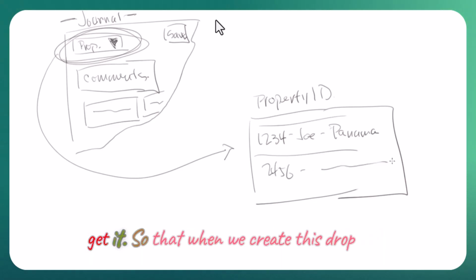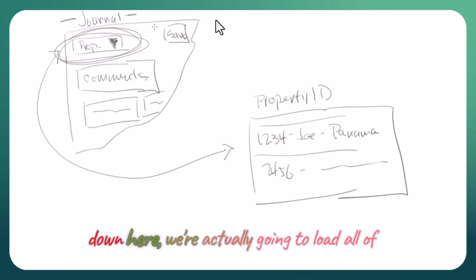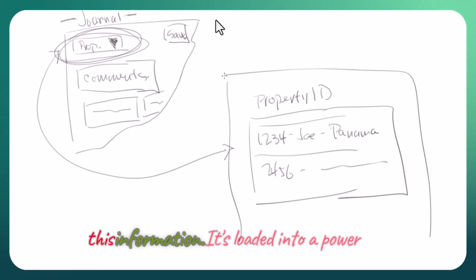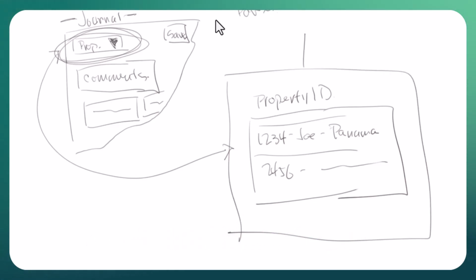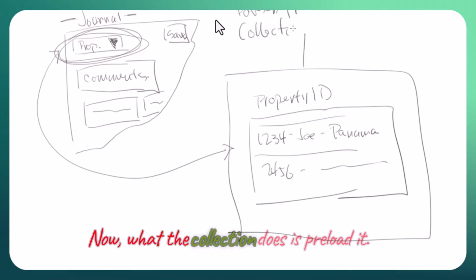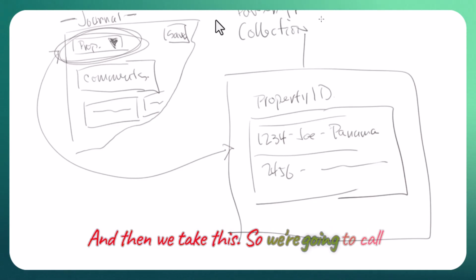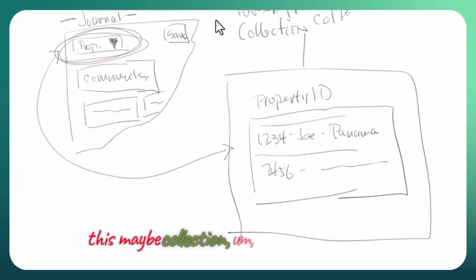Right? You get it? So that when we create this drop down here, we're actually going to load all of this information. It gets loaded into a Power App collection. What the collection does is preload it, and then we take this, so we're going to call this maybe collection property ID.